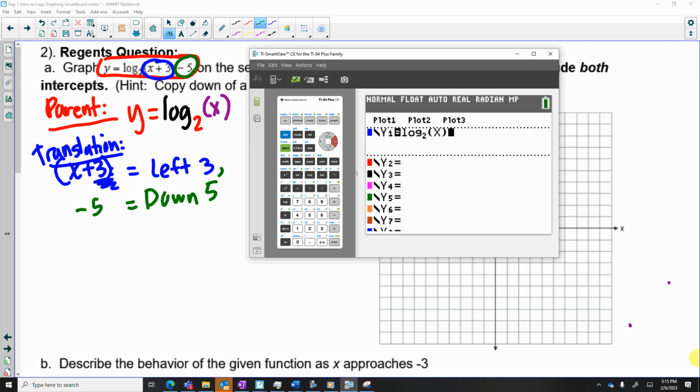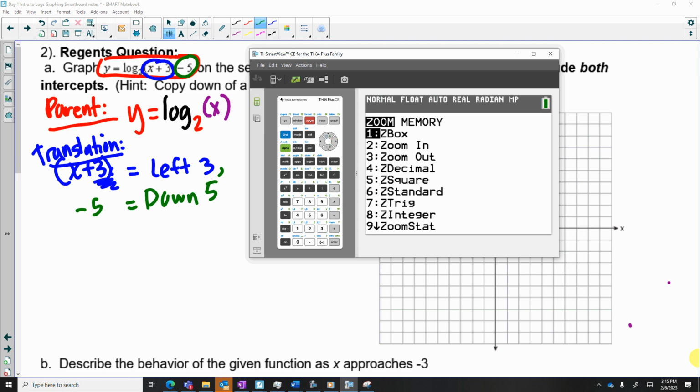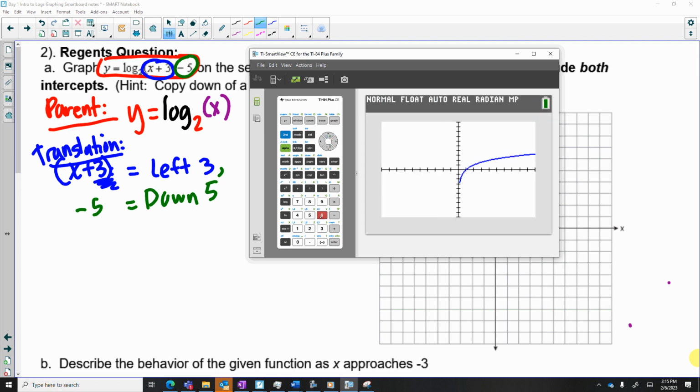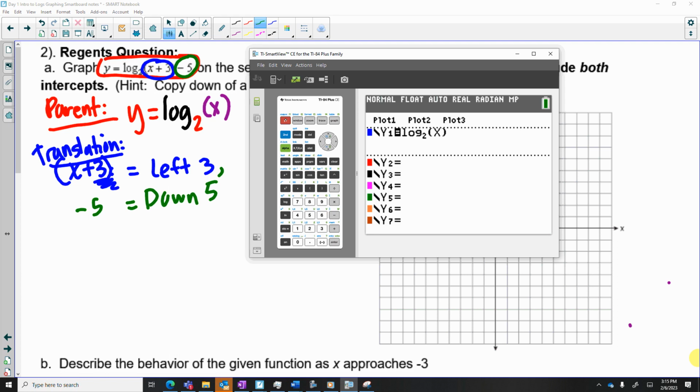This is going to be the parent function. If you hit ZOOM 6, this has a basic asymptote at the y-axis, or x = 0, and an x-intercept of (1, 0). But we are going to graph the transformed one.